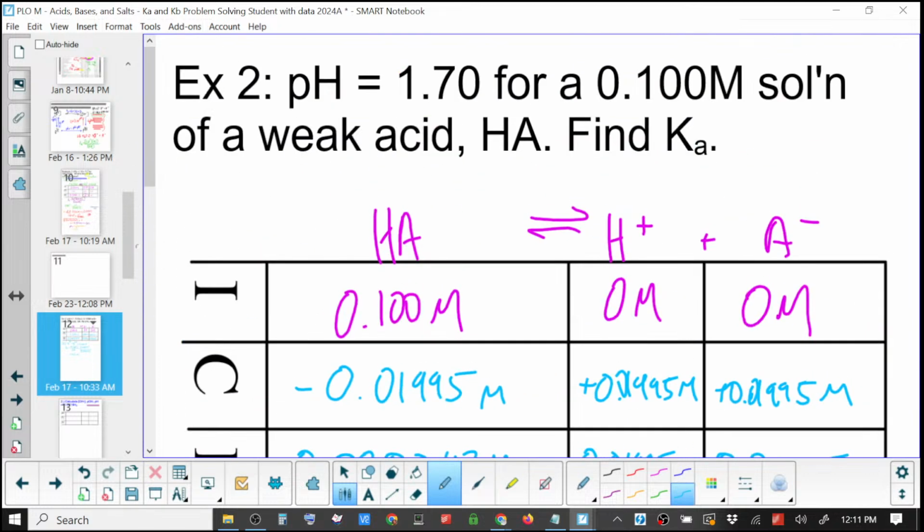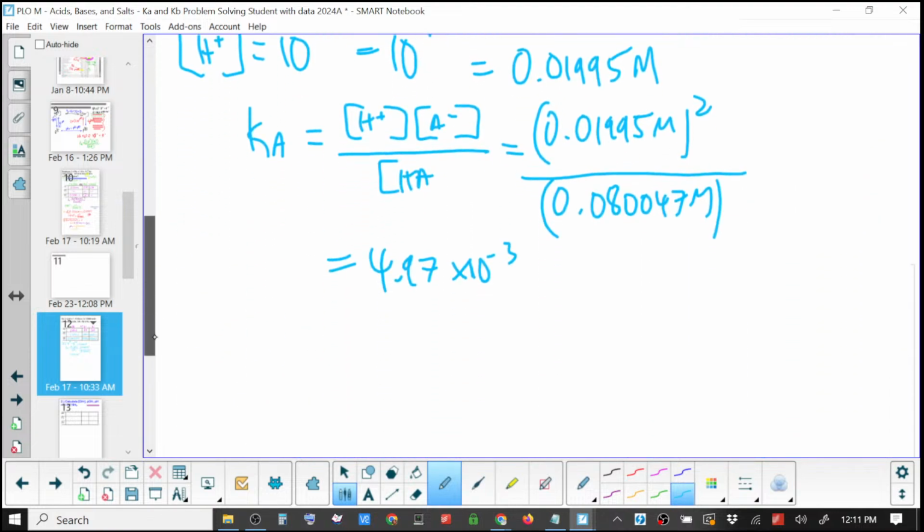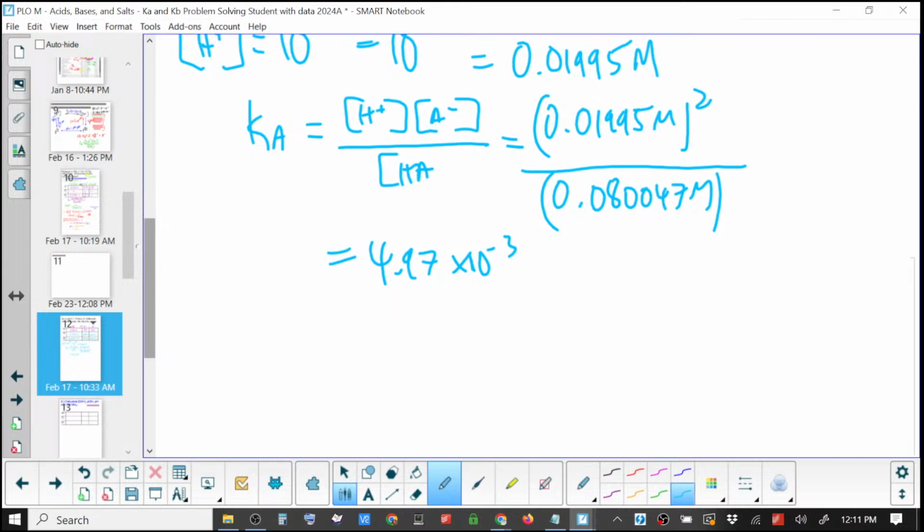What's the smallest number of sig figs in the question? 2. So our answer needs to be to 2. So what would that be to 2 sig figs? 5.0. Oh, no, there's 5.0, because it will round that one up.